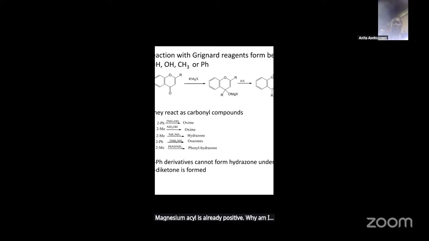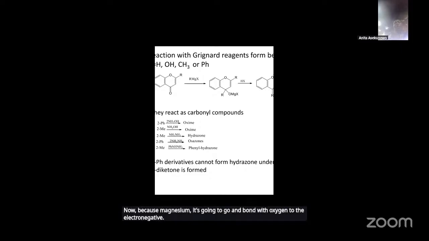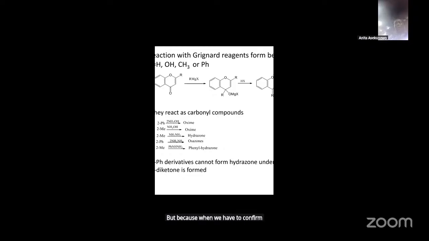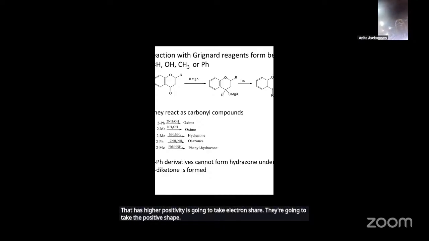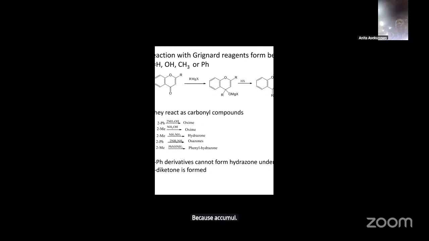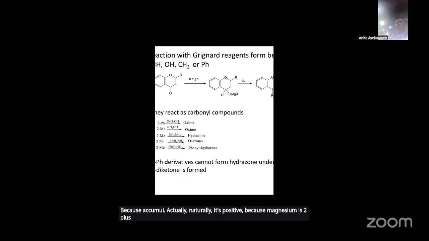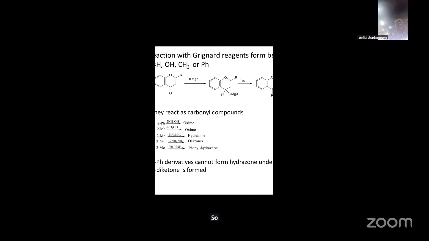Magnesium is electropositive, so it's going to bond with oxygen, which is electronegative. When we have two positive species, the one with higher positivity takes the positive share, because magnesium is 2+ in positivity. So magnesium takes the positive, while alkyl becomes negative.